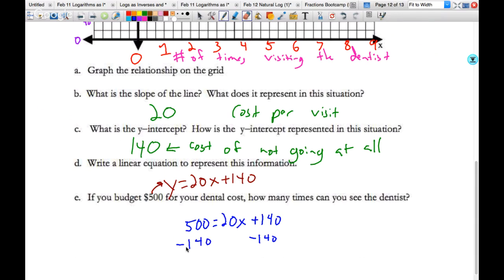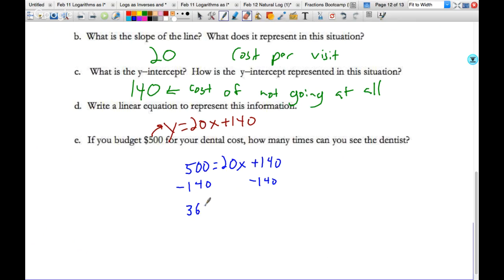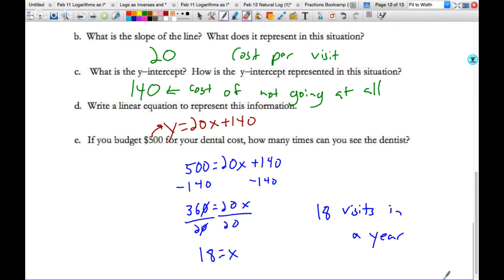And I get 360 equals 20x. Divide both sides by 20. And cross down the 0 and just do 36 divided by 2 and get 18 equals x. Let's give that a unit. 18 visits in a year. That's a lot of times going to the dentist.